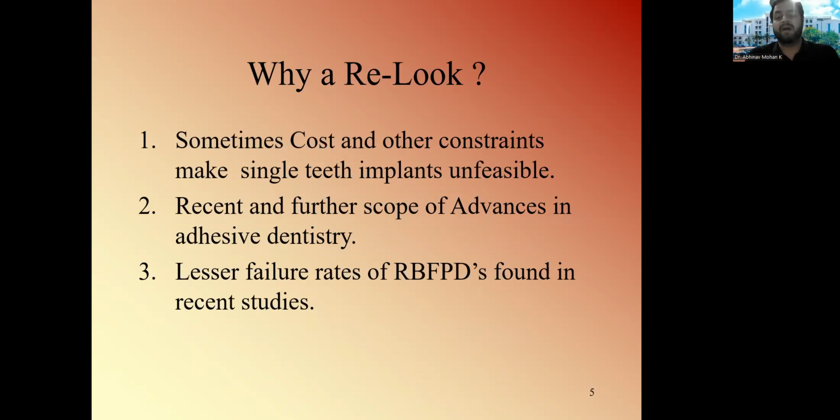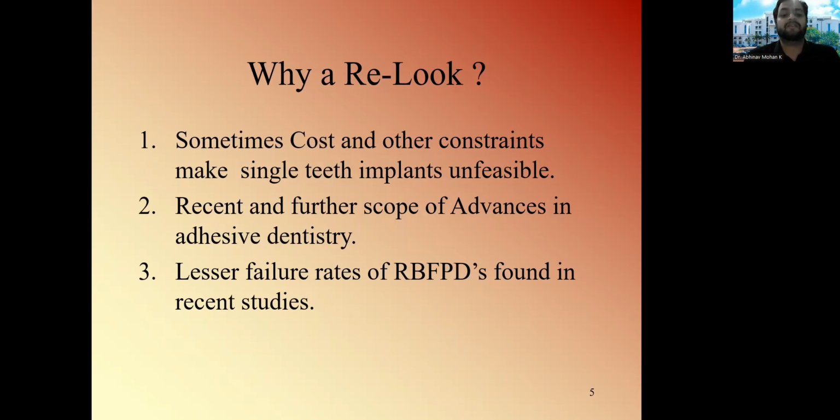So why do we need to have a relook at these things? Because nowadays you often have a situation of a clinically missing single tooth in the anterior region. Most of the time the ideal or optimal treatment modality includes placement of dental implants.